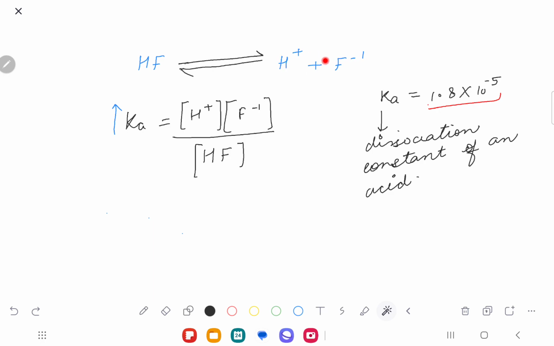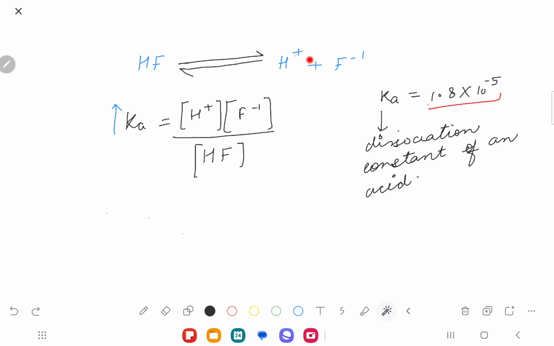And when would the products increase? When the reaction shall move in the forward direction, isn't it? I hope you're understanding. What I'm trying to tell you here is that when the acid dissociates more and more, then the acid releases more and more amount of H plus.